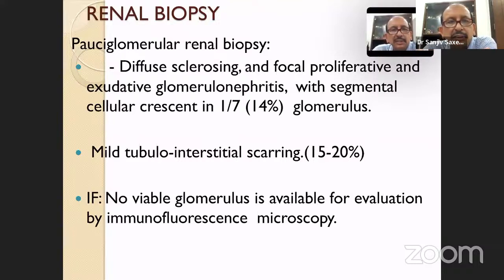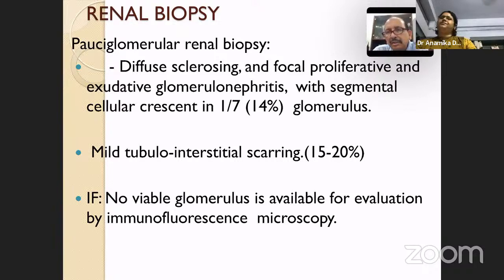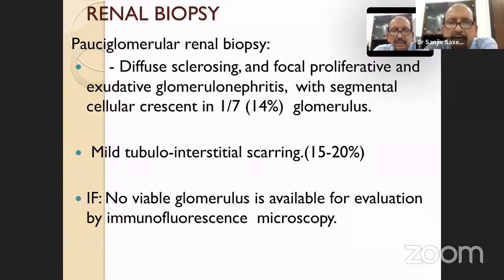All these present in a similar fashion light microscopically. And did your pathologist report a lot of neutrophils in the exudative lesions? Yes, sir. He did. So there were some chronic changes also there, sir. She had a mild tubulointerstitial scarring.